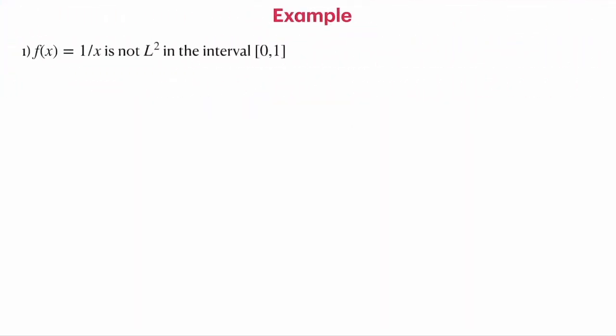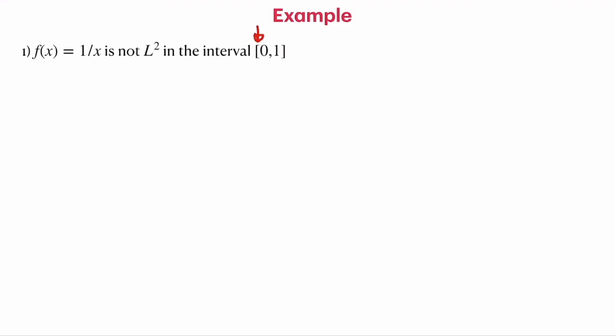A quick example: f of x equal to 1 by x is definitely not square integrable in the interval 0 to 1, because 1 by x blows up at x equal to 0. It's a closed interval, so the value at the endpoint also matters.